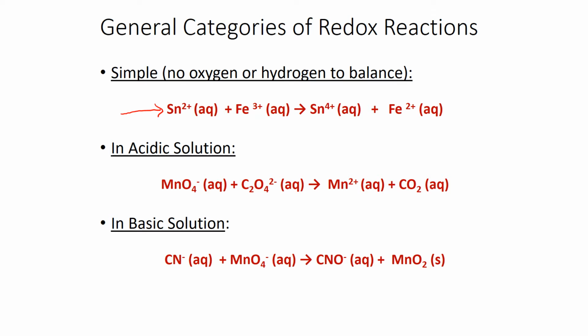So that's the hydrogen ions and hydroxide ions. And it becomes important to know before you get started whether you are in an acidic solution, so you have more hydrogen ions for that balancing process, or in a basic solution where you'll have more hydroxide ions available for that balancing process.